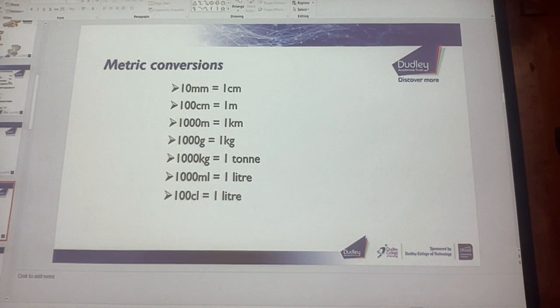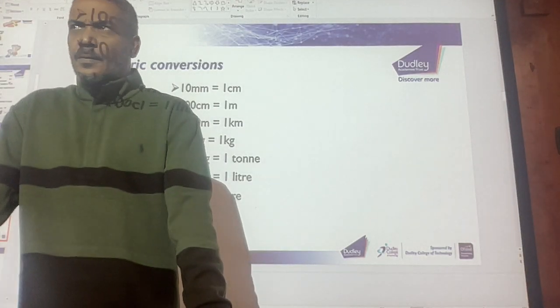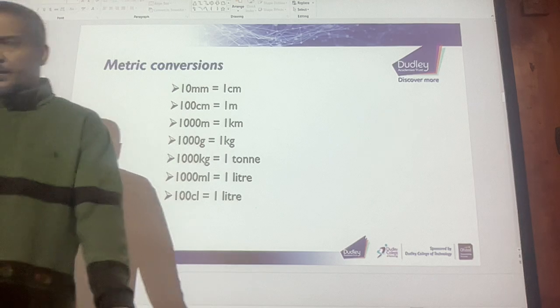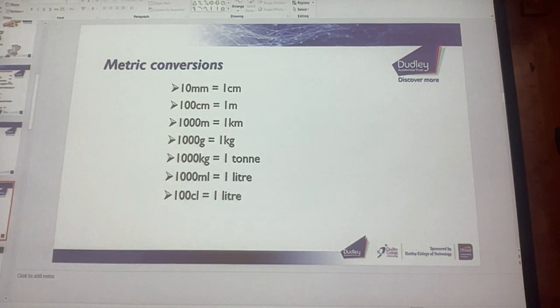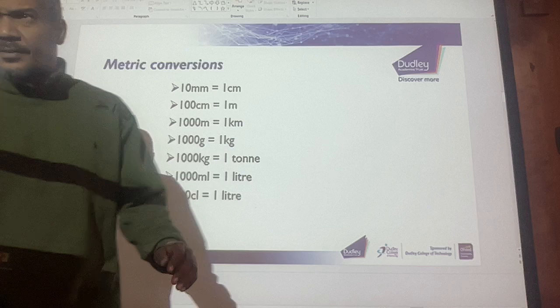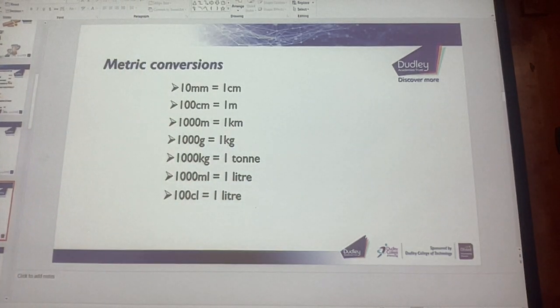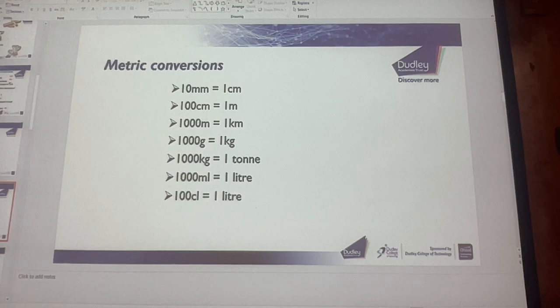What does kilo represent? 1,000. Yes. All right. And deci? 10. Or, depending on which way you're going, 0.1. Right? Centi is 0.01, deci is 0.1, and milli is 0.001.